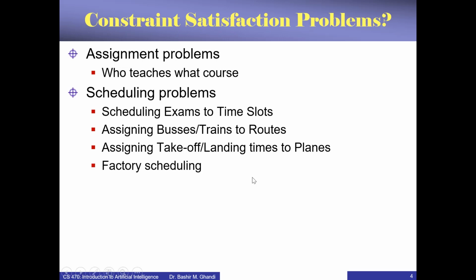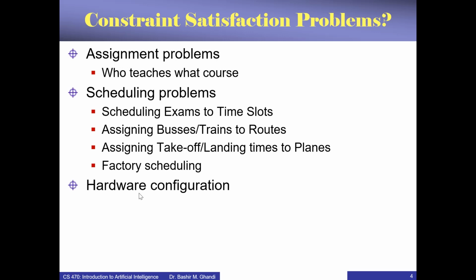It's also applicable in factory scheduling, where you have, for example, assembly sequencing of, say, a car. Certain parts must be assembled together before certain others, and this must be done within certain time slots, and so on.